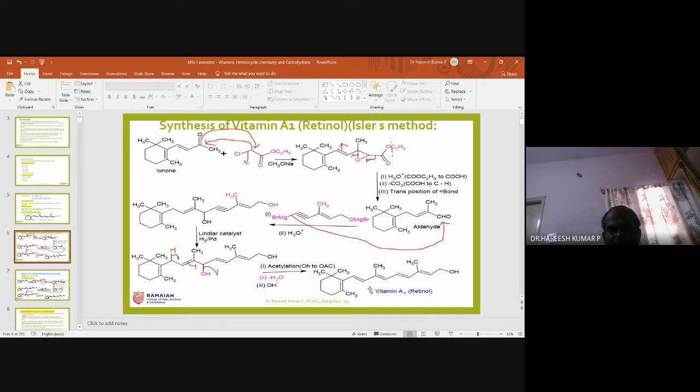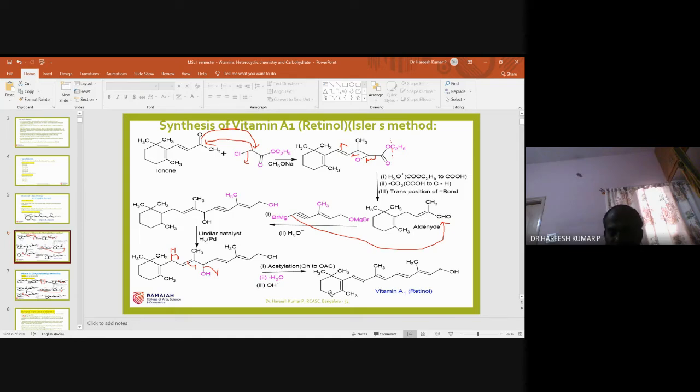The next slide is about the synthesis of A2. A2 is nothing but a dehydroretinol. You should be aware of the difference between A1 and A2. A1 means this. A2 means there will be an additional double bond here. Only the additional double bond present over here makes it vitamin A2.